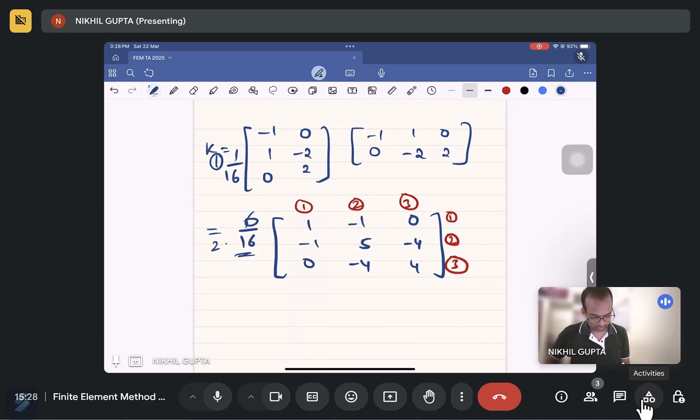So 2 into 8. Correct now? No. What you did was B transpose into B, right? Yes. So it is B transpose C B into dx dy. Into dx dy.